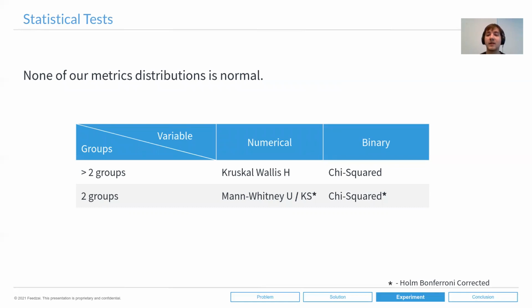And when we had a comparison of 2 groups directly, we used the Mann-Whitney U test for times and the Kolmogorov-Smirnov test for the questionnaire results, and the chi-square test for accuracy, recall, and FPR. When we were comparing 2 groups, this was usually done after a comparison of multiple groups, and because of that, we used a correction for the p-value.